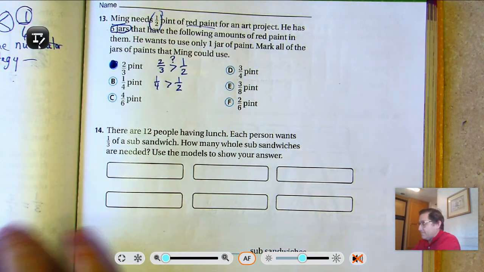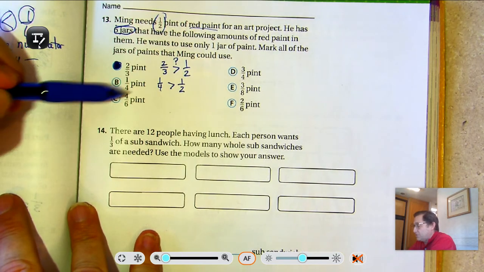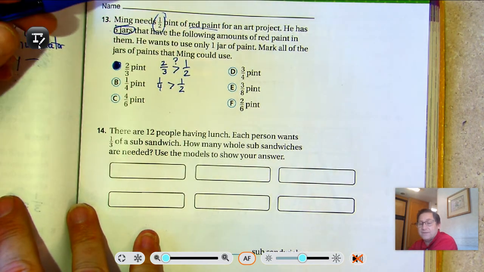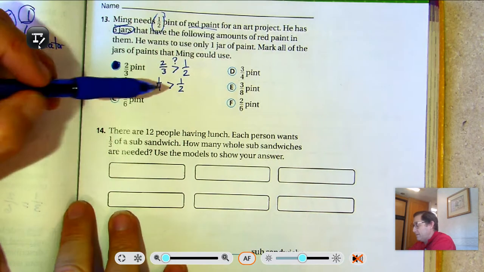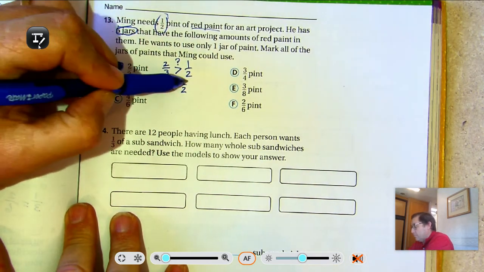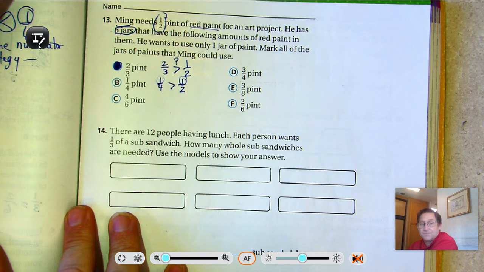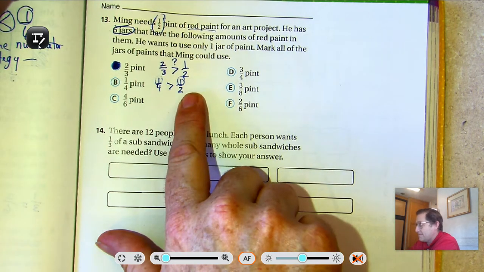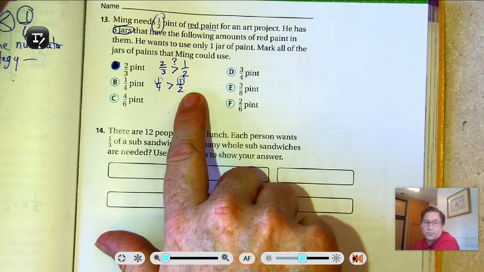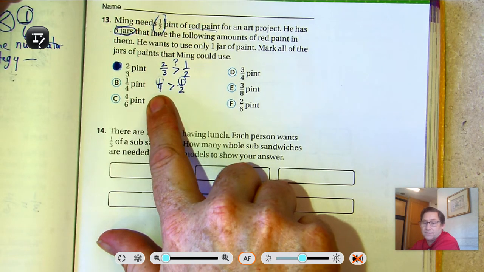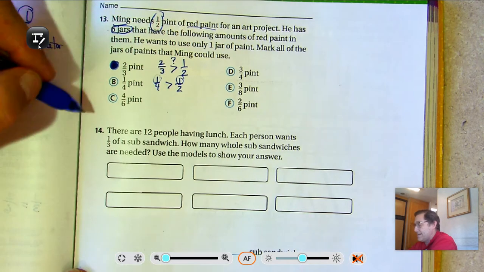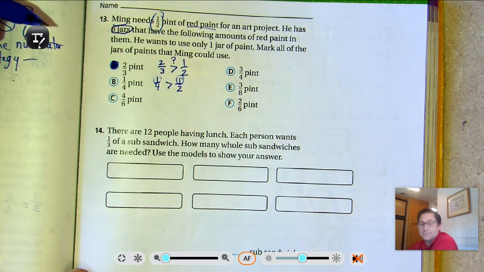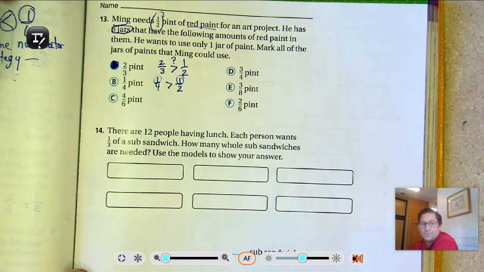Remember, if the fraction in a jar is less than a half, he would have to use a second jar, and he only wants to use 1 jar. So with 1/4, we notice that the numerators are the same. Half is larger than a fourth. So he needs more than he has here. So he can't use the 1/4 pint because he would need another jar.